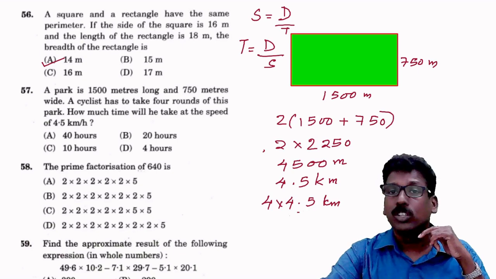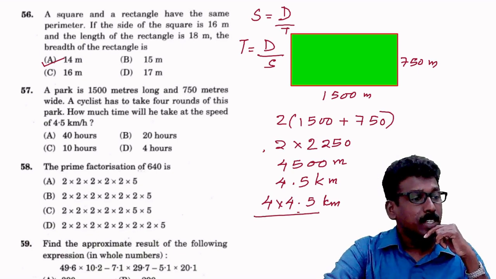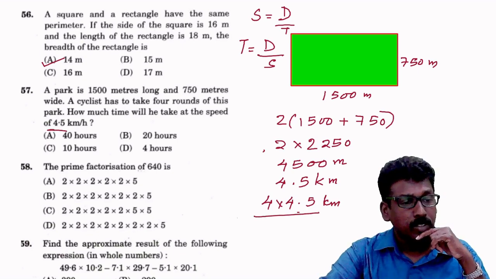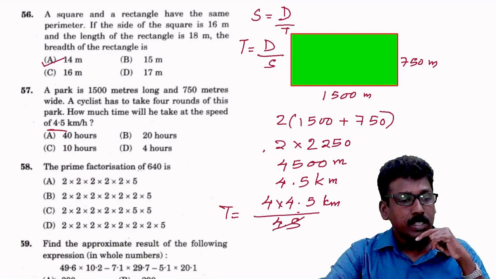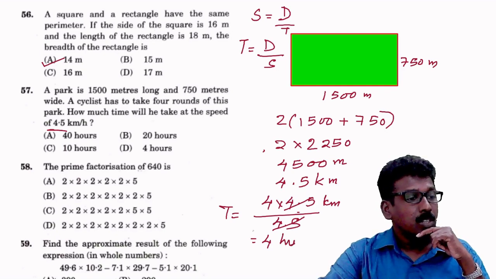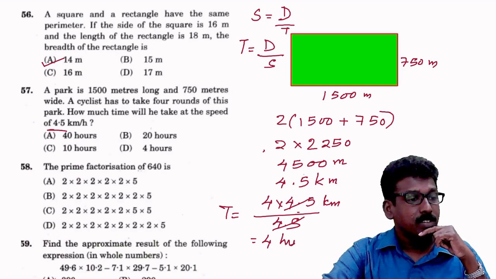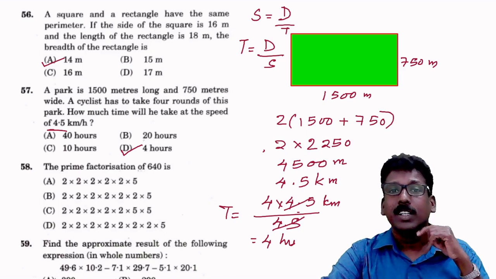Distance traveled is 4 into 4.5. Speed is given as 4.5 kilometer per hour. So time is 4 into 4.5 divided by 4.5. This cancels, so the answer is 4 hours. D is the correct option.